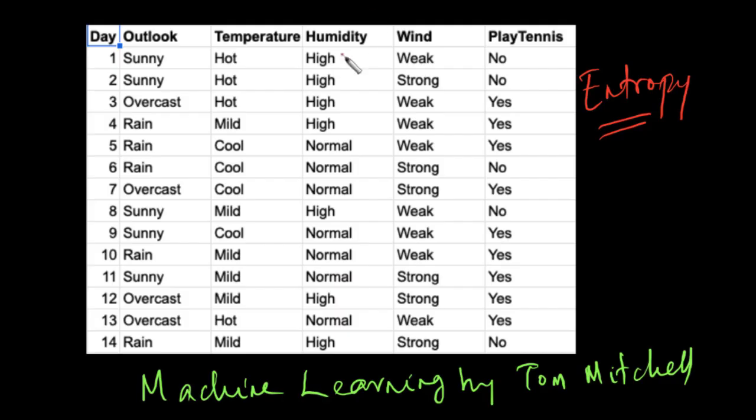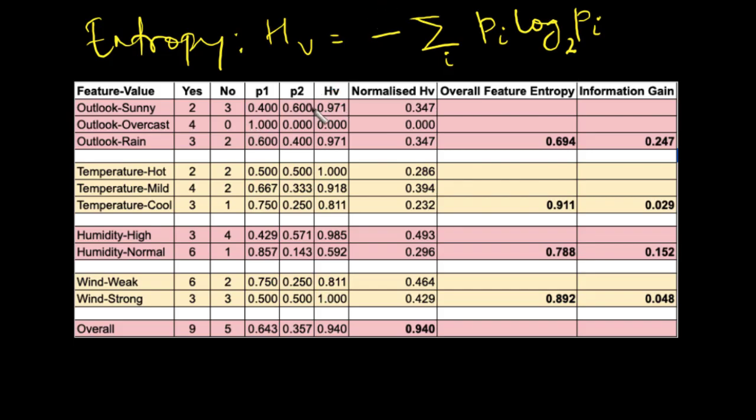What is 14? 14 is the number of rows in your data set. That's how you normalize this. So 0.971 into 5 by 14 is this. 0 into 4 by 14 is again 0. 0.971 into 5 by 14 is 0.347. And when you add all these three numbers, you get the overall entropy for that particular feature or attribute.